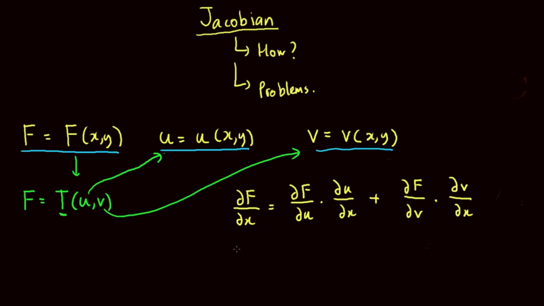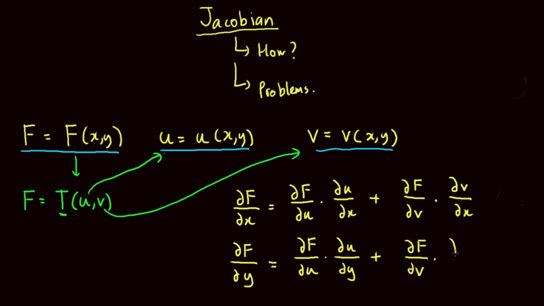And likewise, if you want to find del f over del y, it is del f over del u times del u over del y, plus del f over del v times del v over del y. These are the partial derivatives of f with respect to x and y, and you can see that we've just used the chain rule, as we discussed earlier.